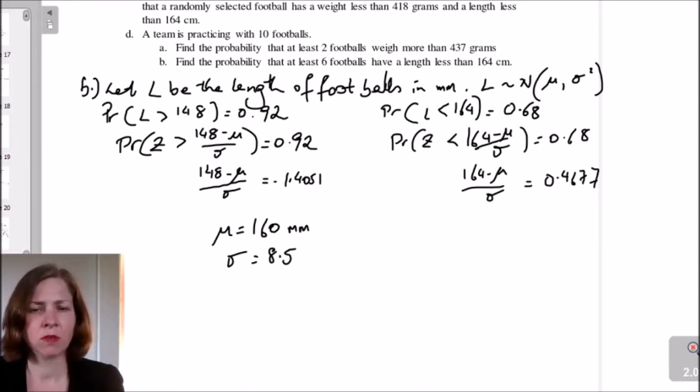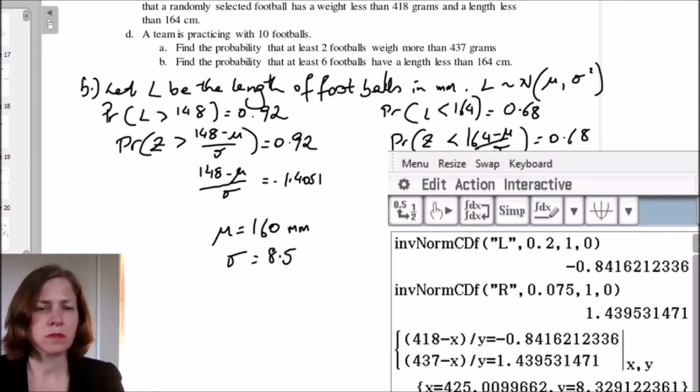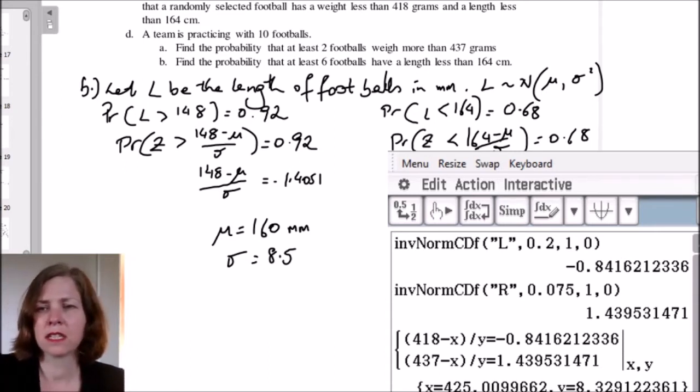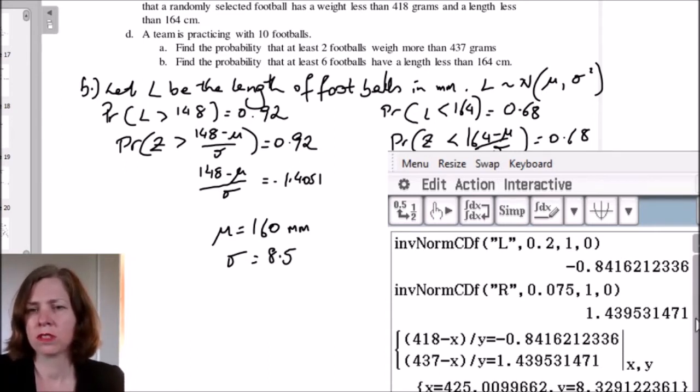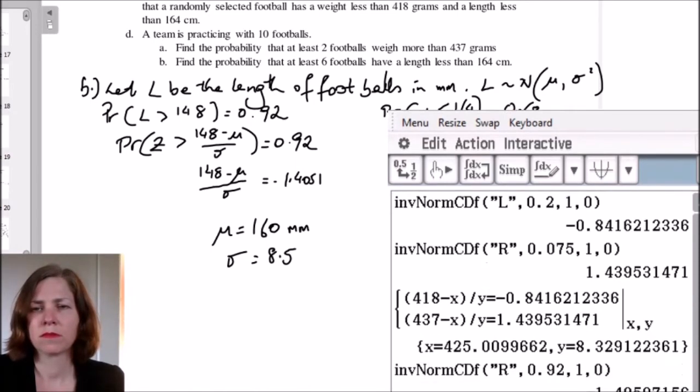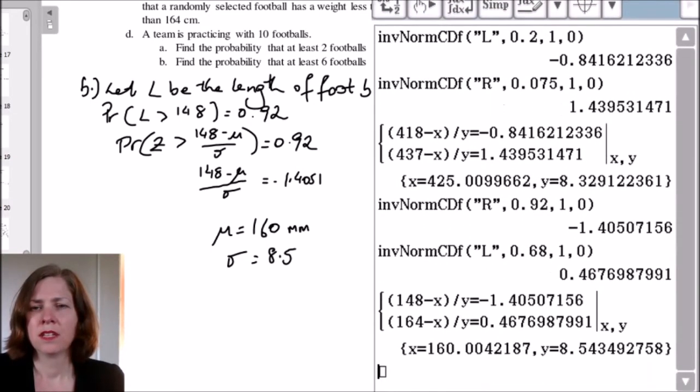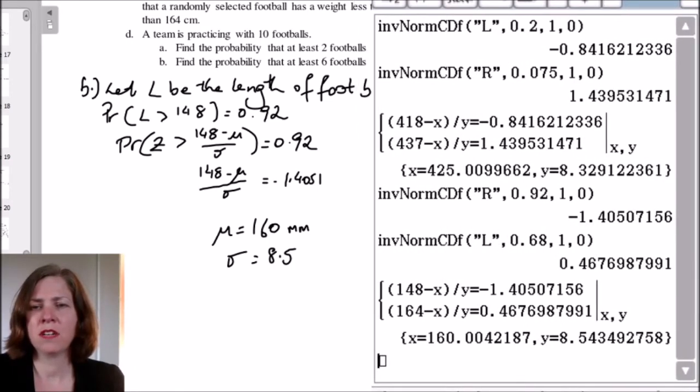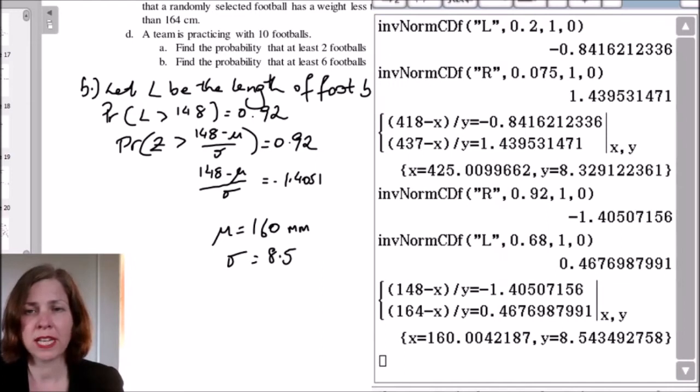So let's go and have a look at what I did in my CAS. Oh, I don't think you can quite see that. Let's just scroll down. No, that won't work. I'll have to move it up. Just move that up a bit. So the first thing I did there was inverse norm CDF with a right tail, because the first one is greater than, with a probability of 0.92, and it gave me negative 1.4051.